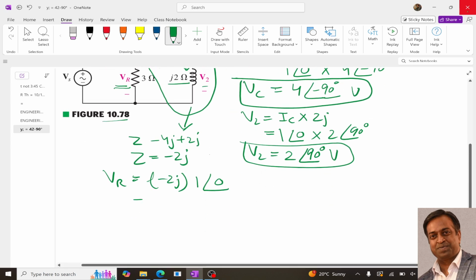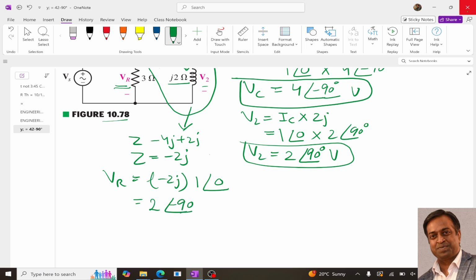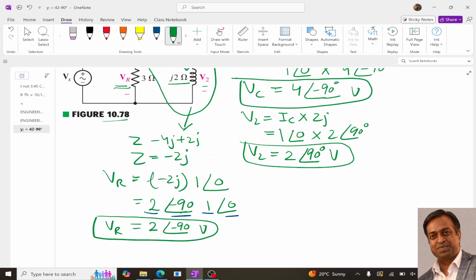So 2 into 1 gives 2, and the angle is minus 90 plus 0, which is minus 90. Our VR is 2 angle minus 90 volt.